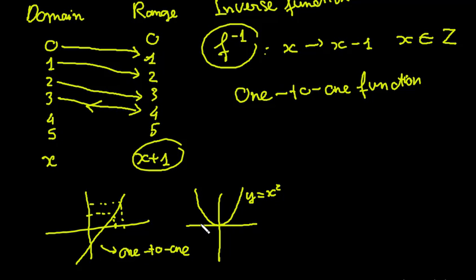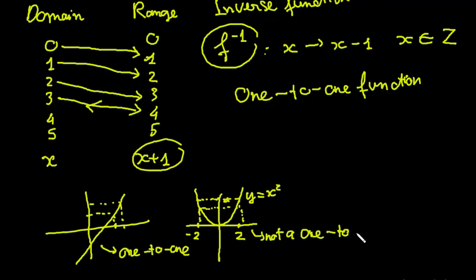But here, looking at this graph, which is y equals x squared, I can see that when I have one value of x, here it will be 2, and here is another value of x, which is minus 2, we have the same value of y, which is 4 here. And with one value of y, we have two values of x. So this one is not a 1-to-1 function.